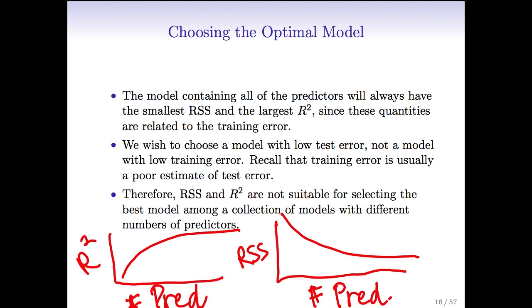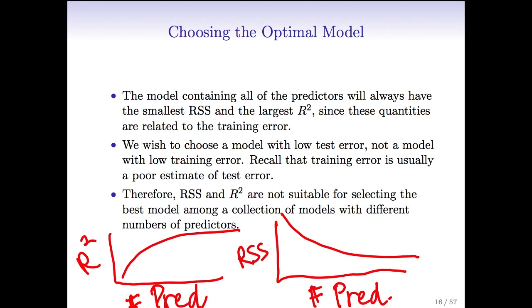So remember, when we do best subset or forward or backward stepwise, we end up with these models M0 through MP. And I cannot just choose among them using R squared or using RSS, because I'll always choose the biggest model. And again, that just boils down to the fact that these quantities are just based on the training error.